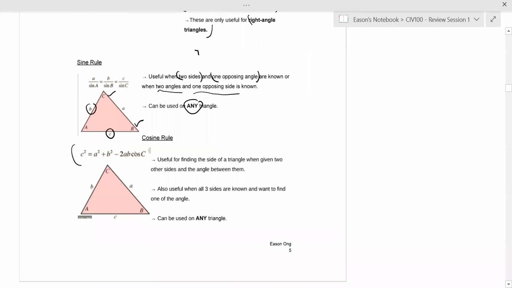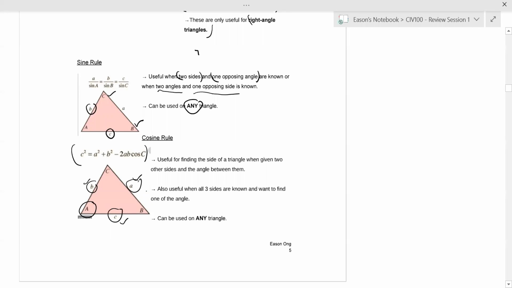As you can see here, this is your cosine rule. The small a, b, c are the side lengths of the triangle, and the big C is the angle between them. When is this useful? When I have two side lengths, for example b and c, and the angle between them, I can find the third length.